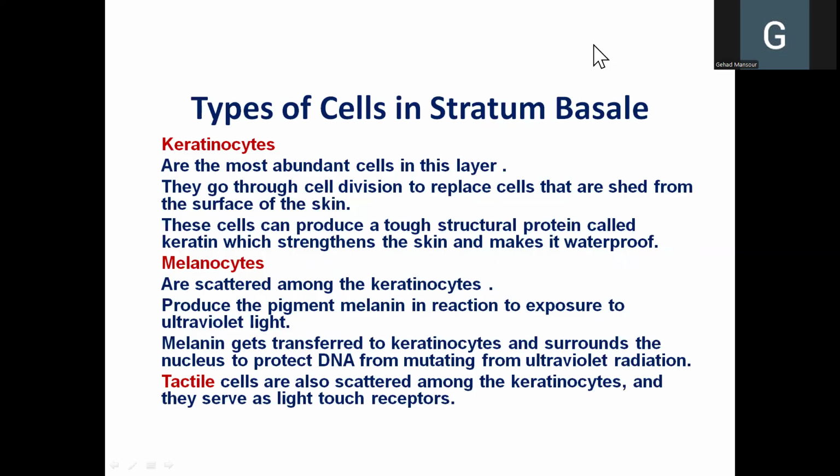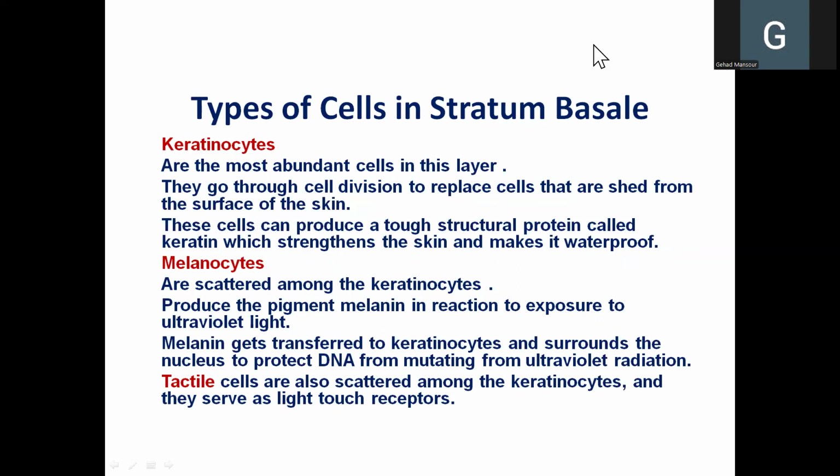Now, what are the types of cells in the stratum basale? We've just mentioned that we have the keratinocytes, the melanocytes, and the tactile cells. And as we said before, the tactile cells represent touch receptors.